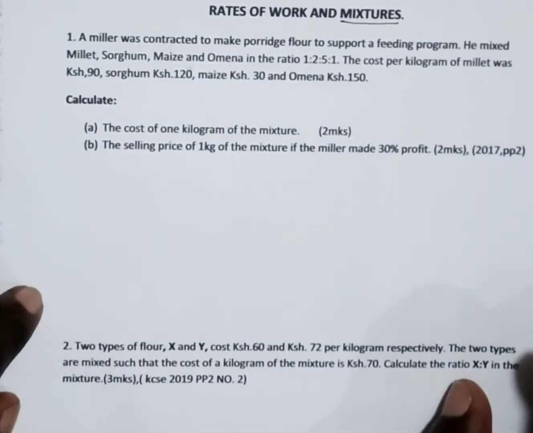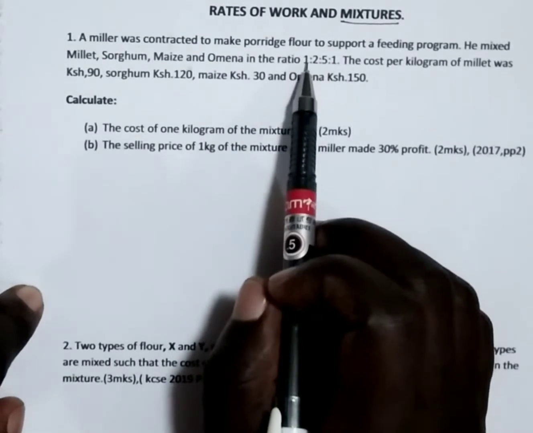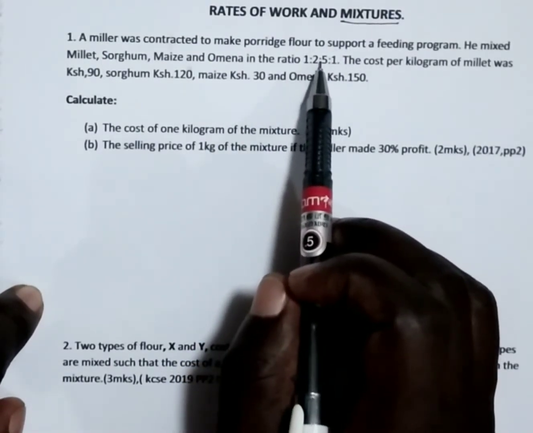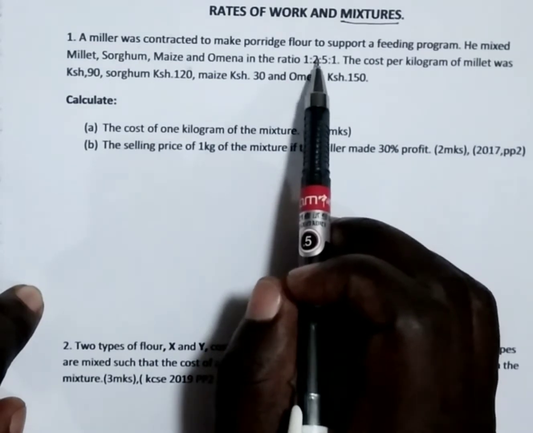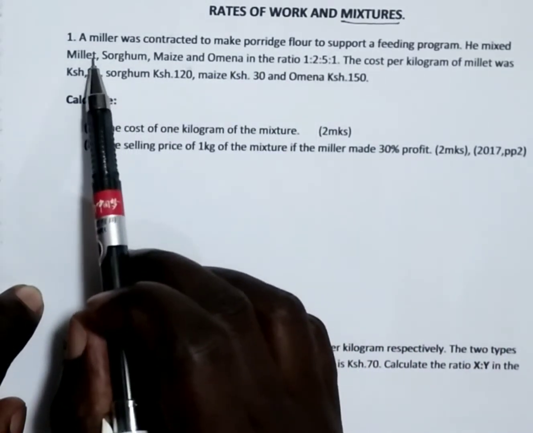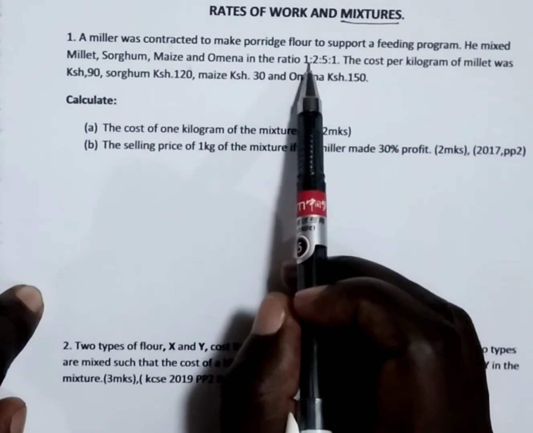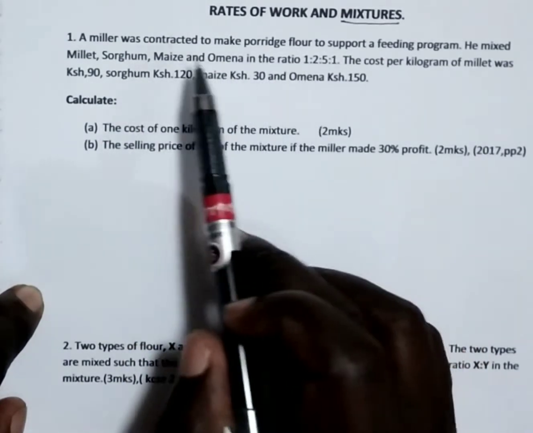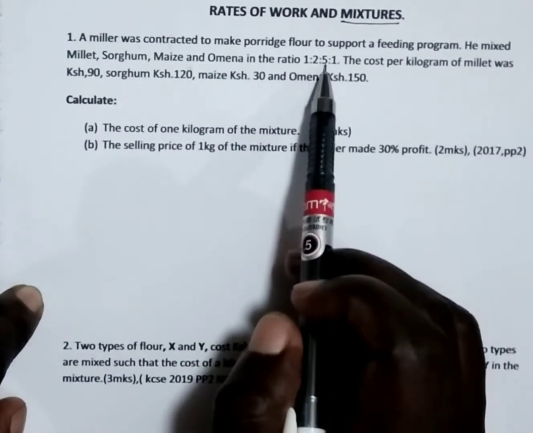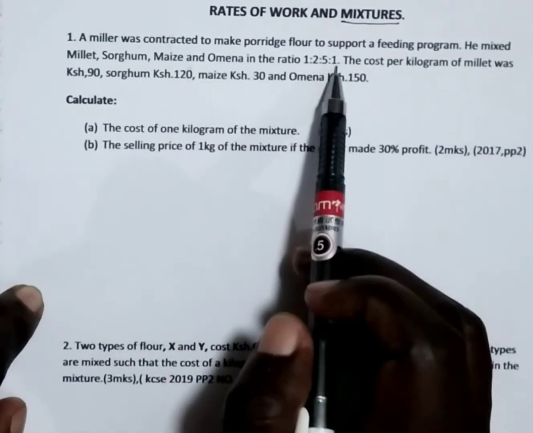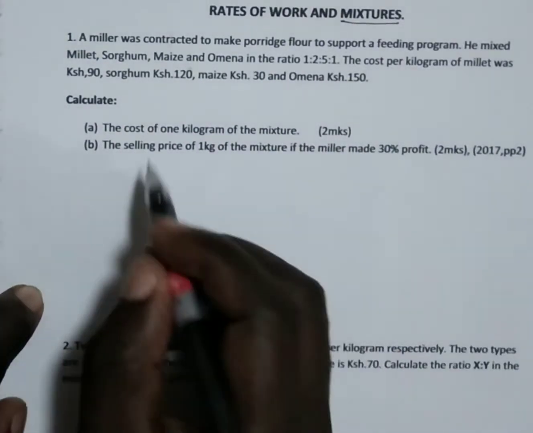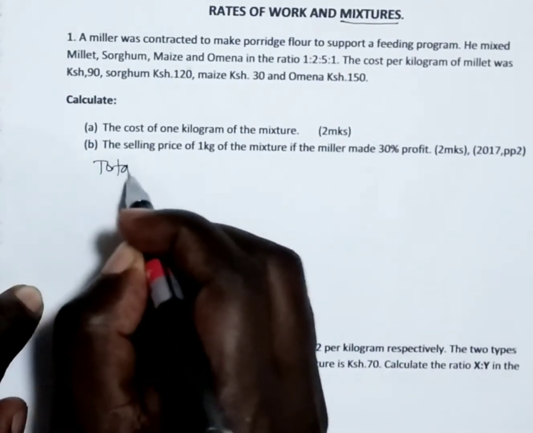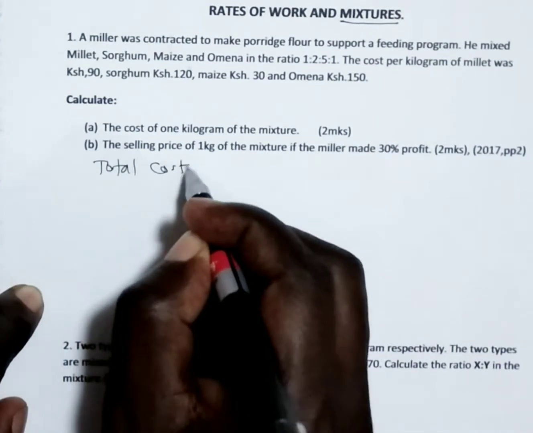In this case, anytime you are given the ratio here, the ratio represents the quantity, and that means millet we bought 1 kilogram, sorghum we have 2 kilograms, maize we had 5 kilograms, and omena we had 1 kg. So let us calculate the total cost of the mixture.